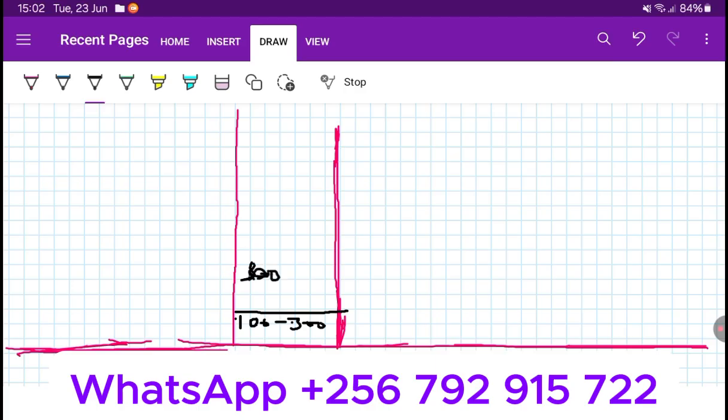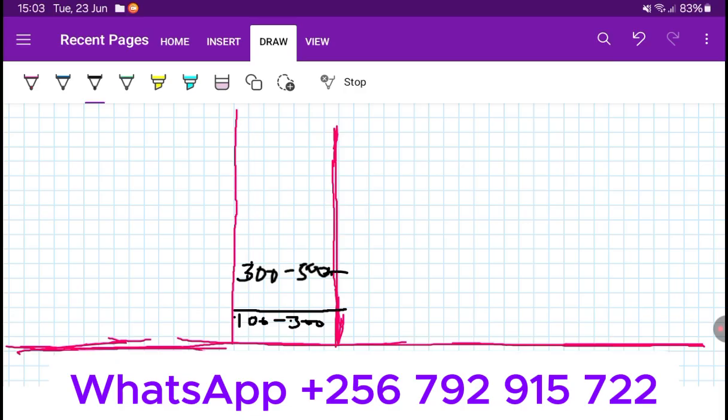This is 301 to 500. So we also go ahead to indicate maybe from 501 to 700.